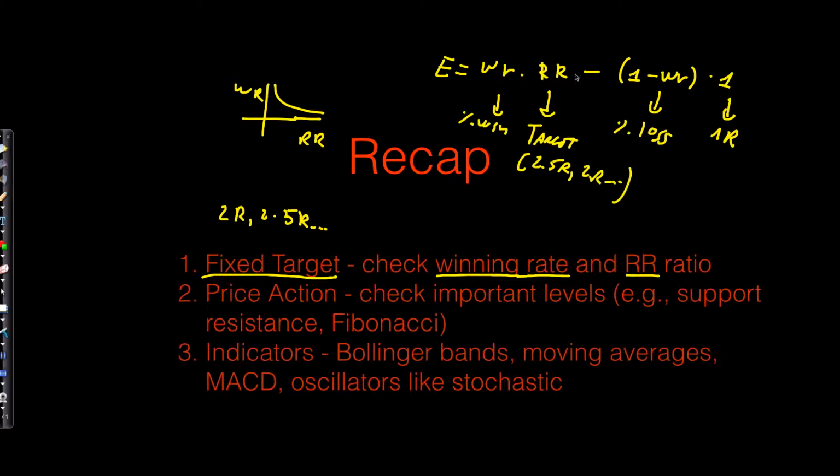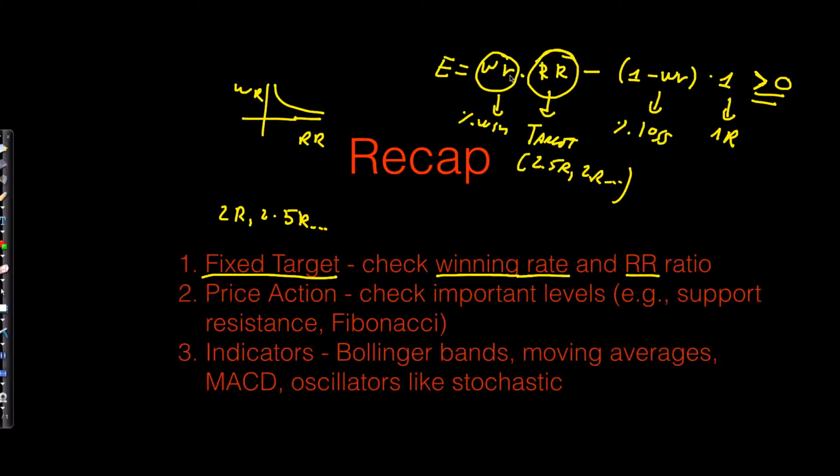And again, to find out values that are profitable, remember this must be greater than 0. If it's less than 0, it means your strategy is not profitable, so don't even trade that. To find out a value that is good and will guarantee you a winning rate you are comfortable with, you need to look at your data.